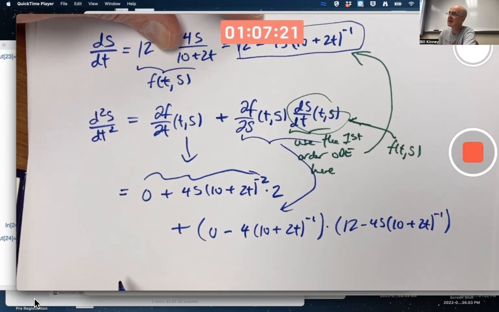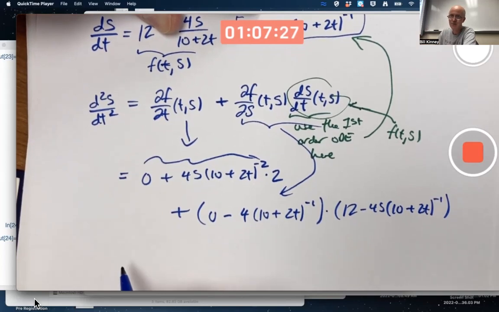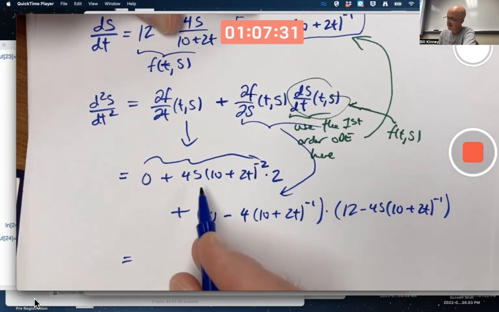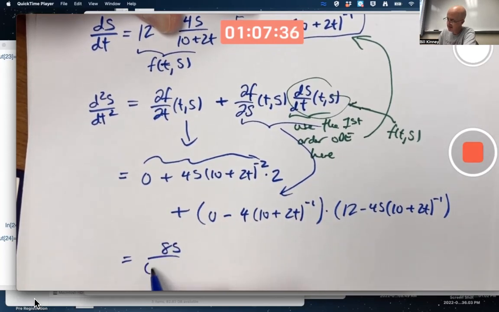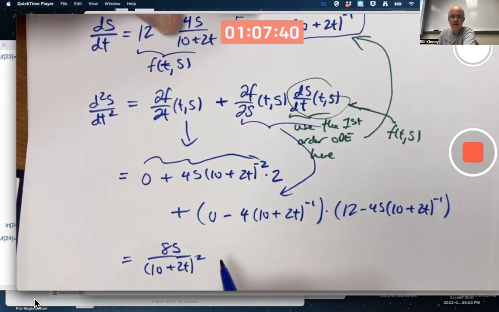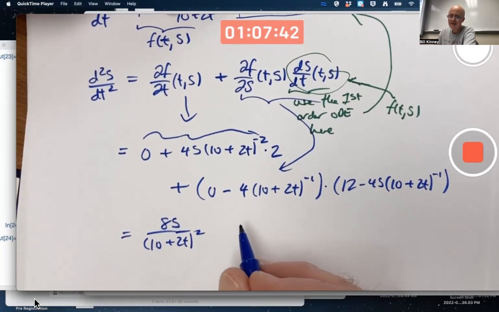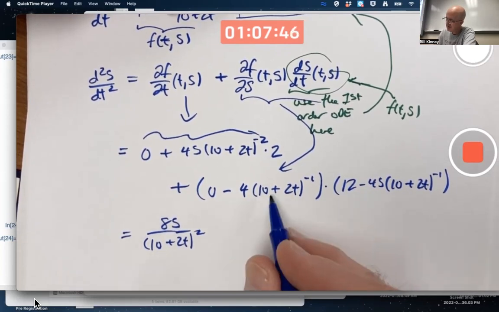Kind of complicated in this example. The book's example is easier. Is it worth trying to simplify? Probably some, at least. 4s times 2 is 8s, and then I could put that in the bottom, 10 plus 2t squared. And then all this, I could multiply that through.